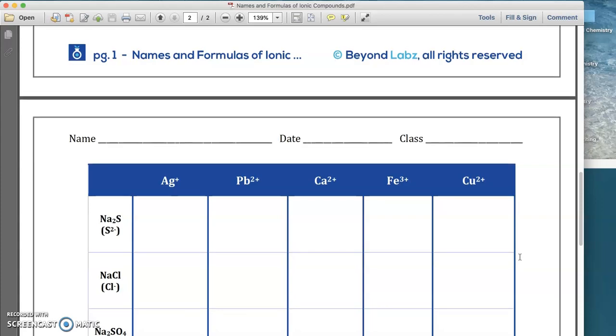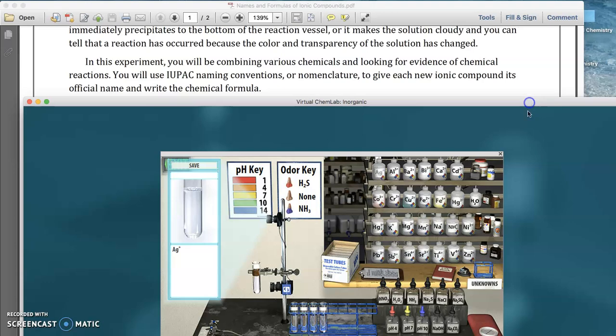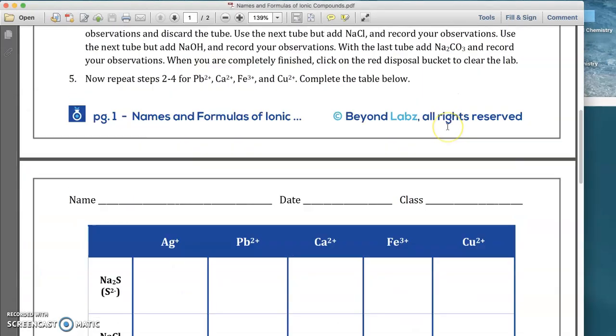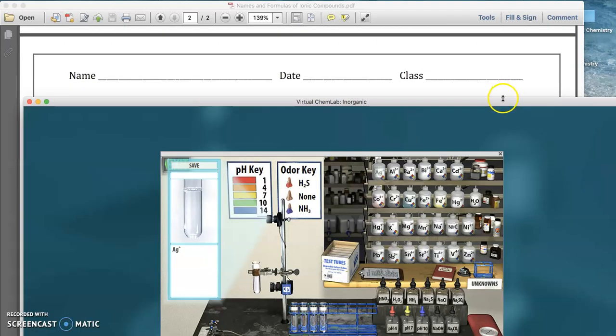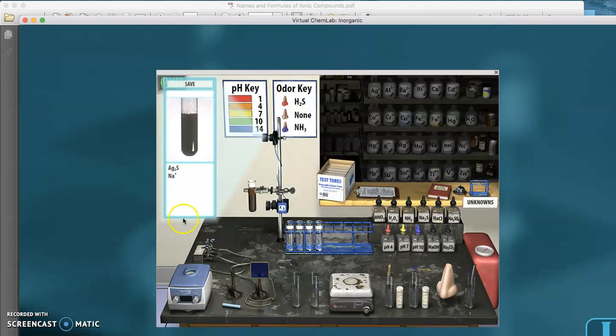So let's look at the first one where we're going to take the silver, right? And then we are going to react it with sodium sulfide. And so we come over here and we see the sodium sulfide, and we're going to react it. And we see the formula that it forms is Ag2S, or silver sulfide.